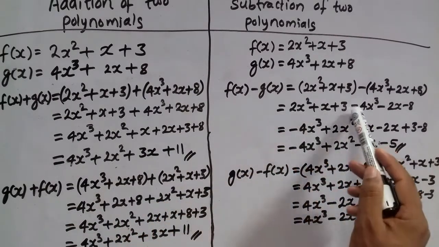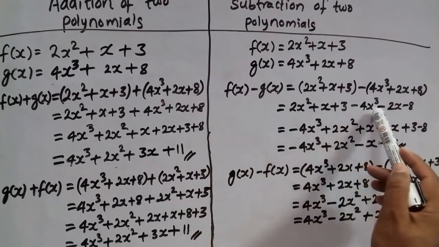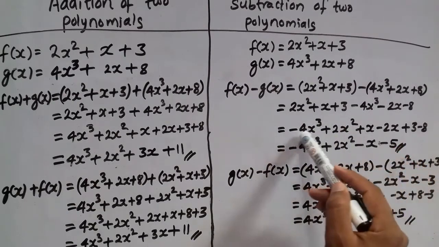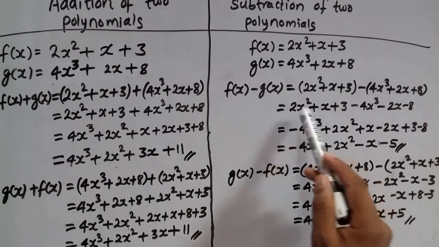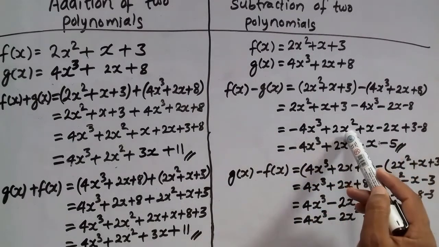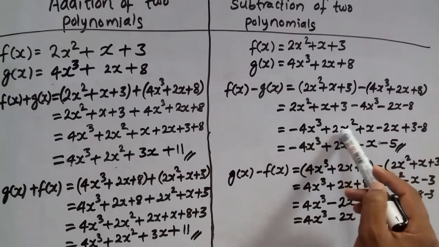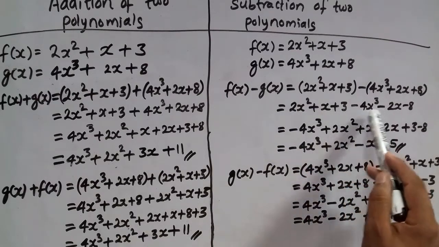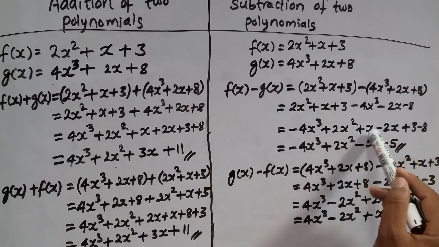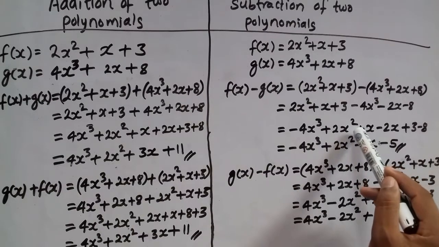Here also we have arranged the like terms. First we have taken the higher power, and this is only one term. There is no other term containing x cube, and after that the term containing x square is written, and there is no other term containing x square.